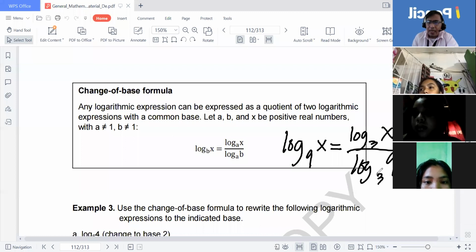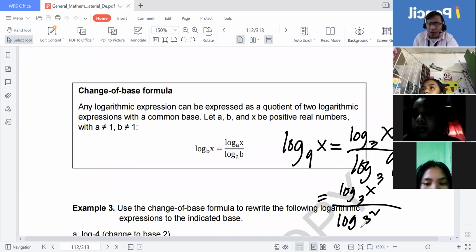Then this portion can be simplified. It can be written as log of x base 3. This portion can be written as log of 3 squared base 3, because 3 squared is just 9.